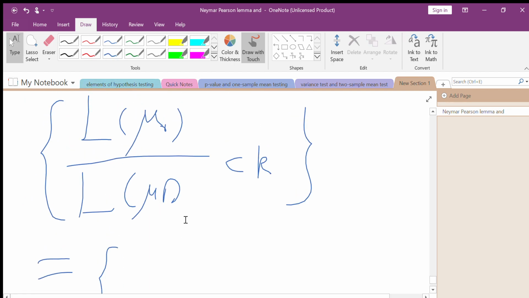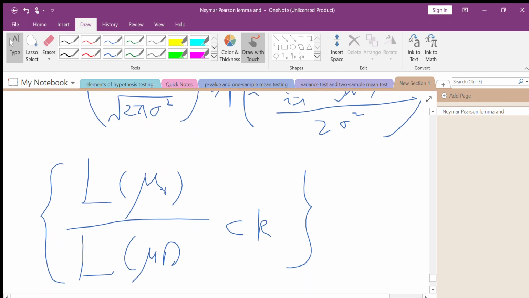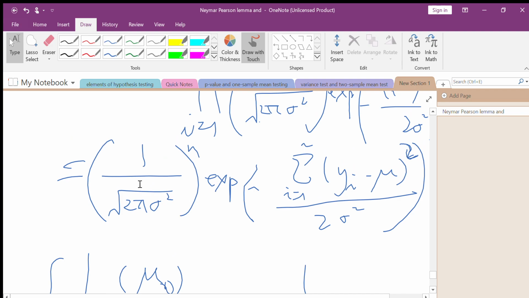So see the likelihood function evaluated at mu 0 and mu 1. If you plug in, then this constant will cancel. What remains is this part. For the numerator, this is mu 0. For the denominator, this is mu 1.